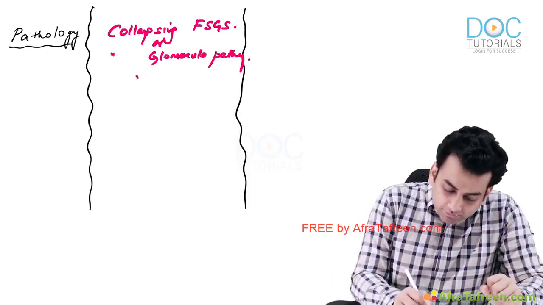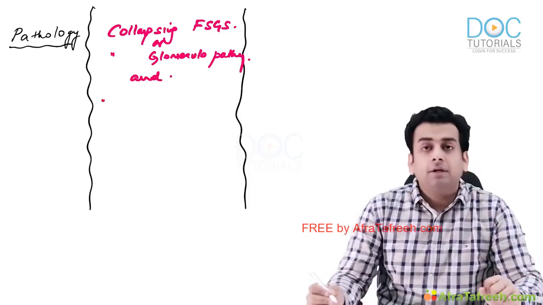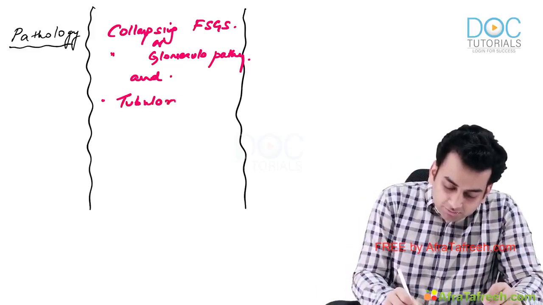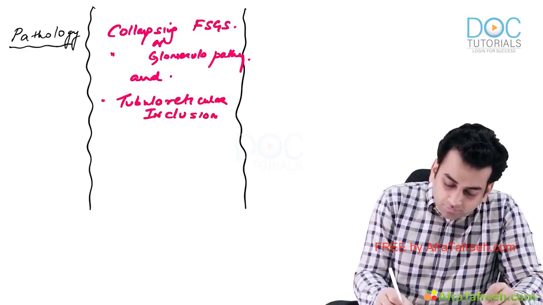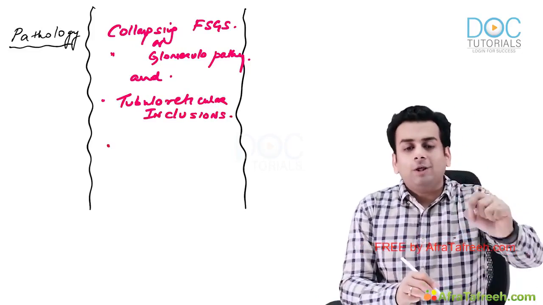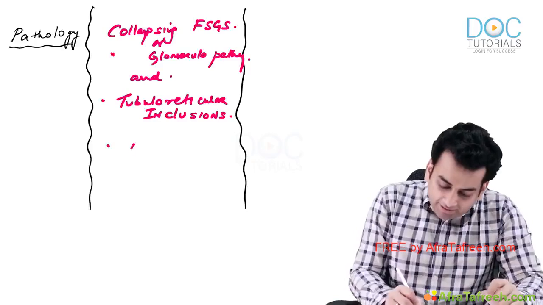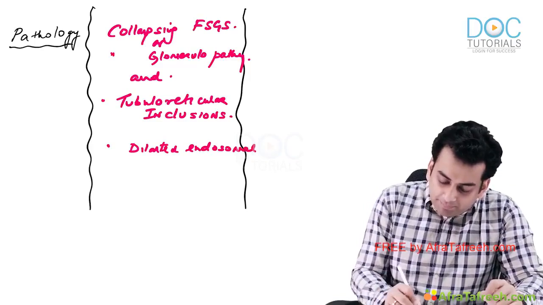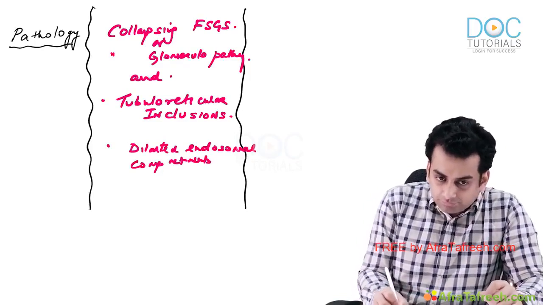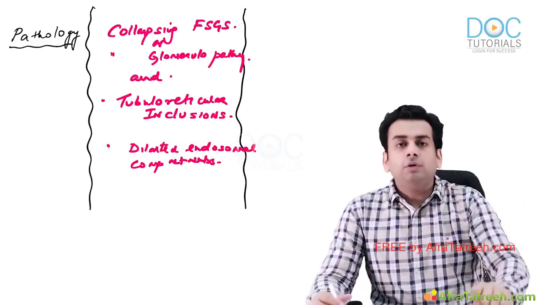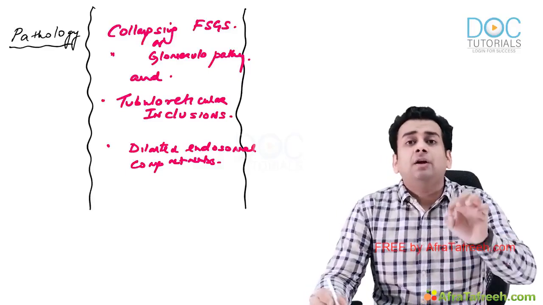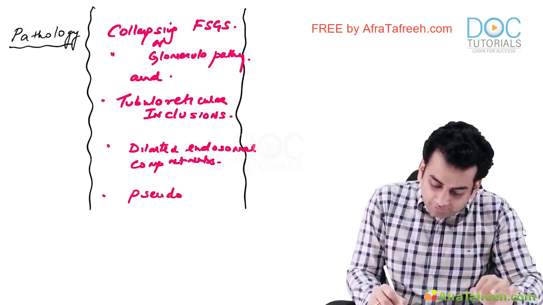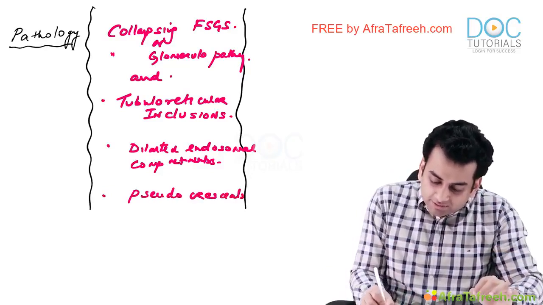Along with it, what else do you find there? Well, you find tubuloreticular inclusions, dilated endosomal compartments, and even the presence of pseudocrescents.